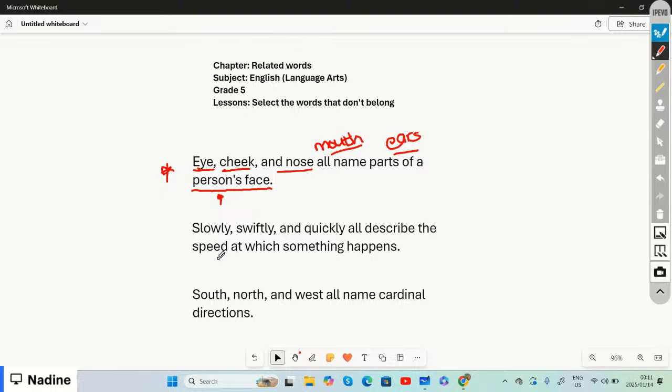If we look at another example, right, these are now describing the speed at which something happens. The speed.